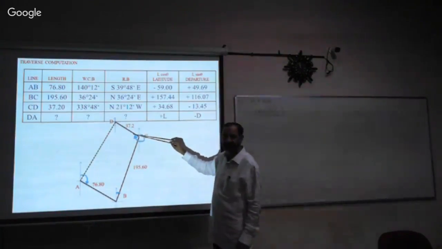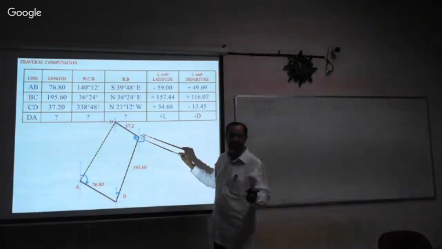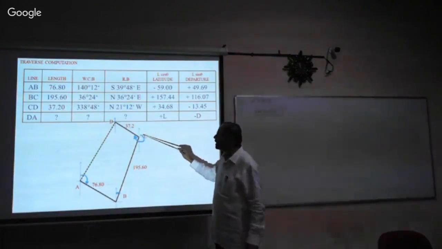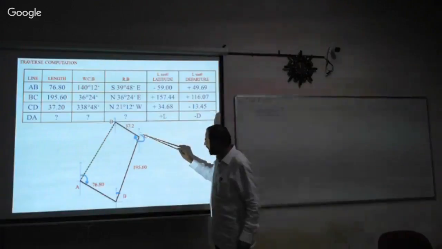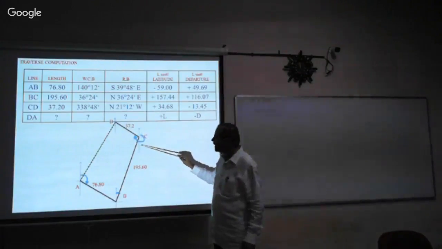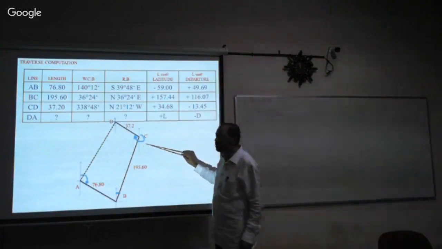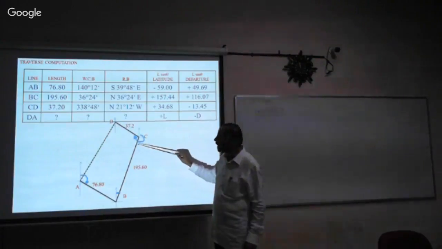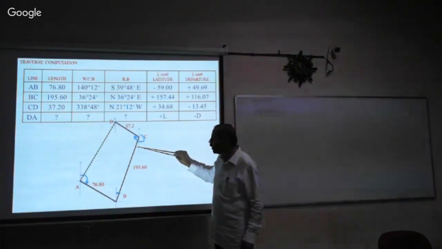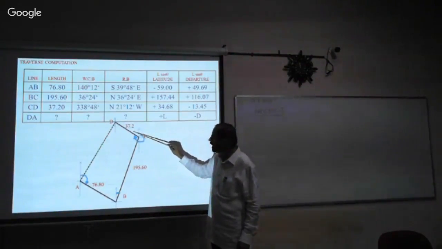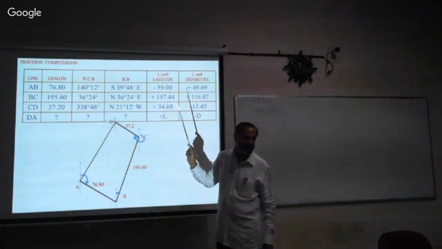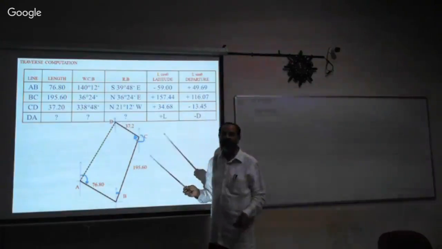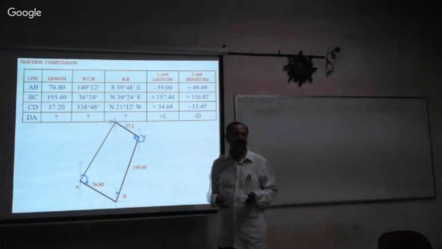Reduced bearings are measured with respect to the quadrants: first quadrant, north to east; second quadrant, south to east; third quadrant, south to west; fourth quadrant, north to west. Understood? That is the calculation of reducing the bearings.